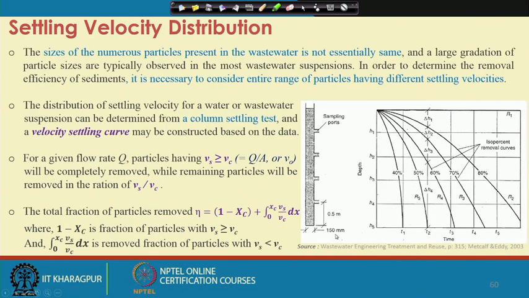Now, the sizes of the numerous particles in the sewage or wastewater are not the same. In an ideal settling tank we are saying that the particle has a settling velocity either greater than Vc or lesser than Vc, but in an actual sample, the particle size distribution varies over a range of dimensions.